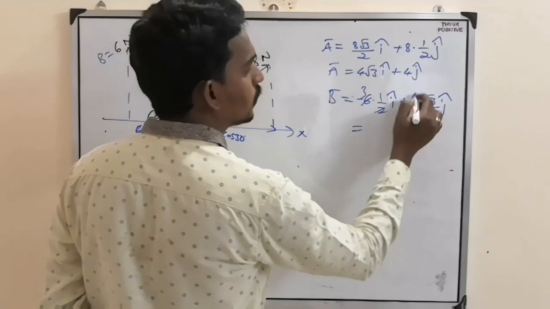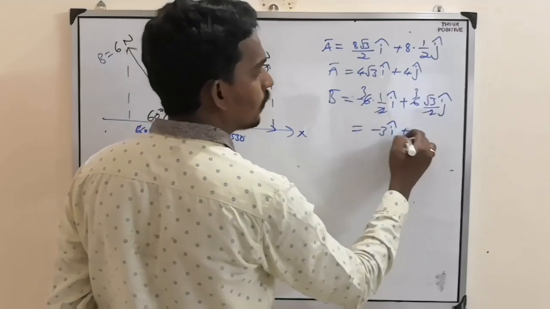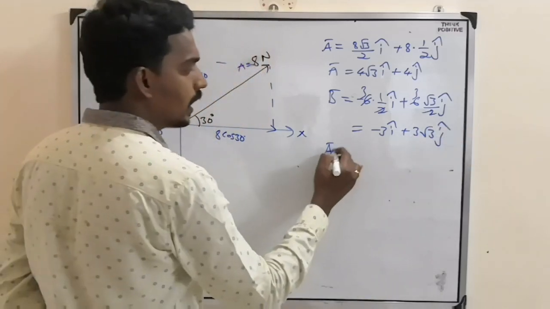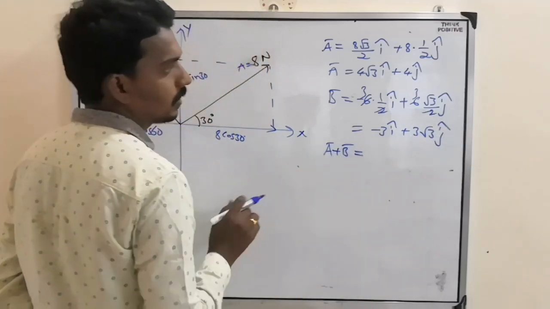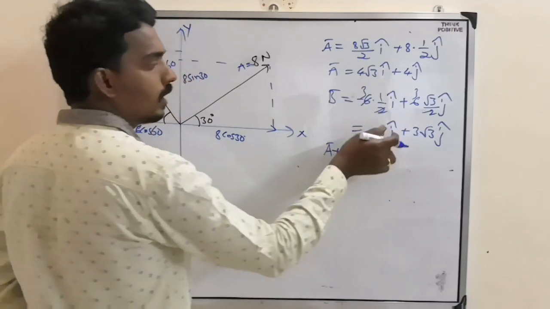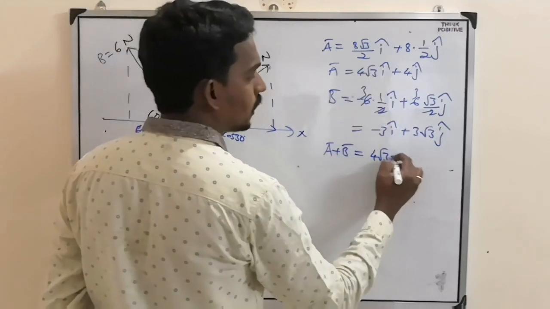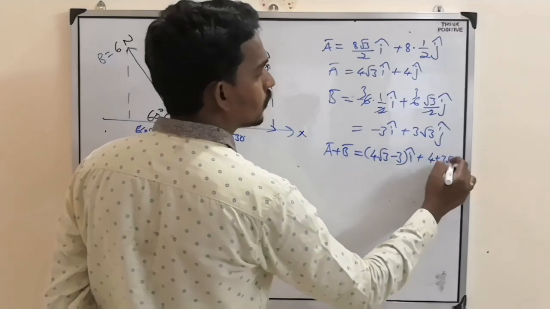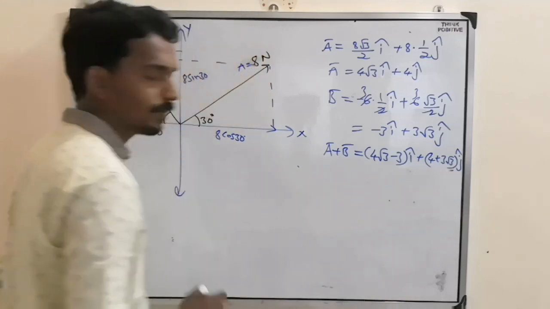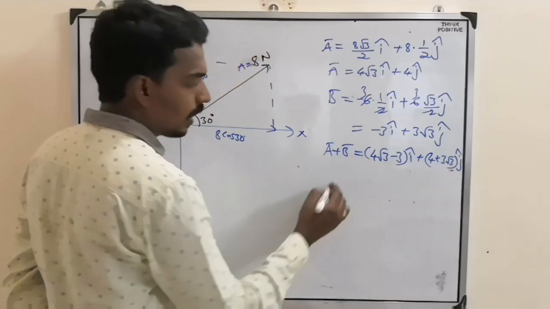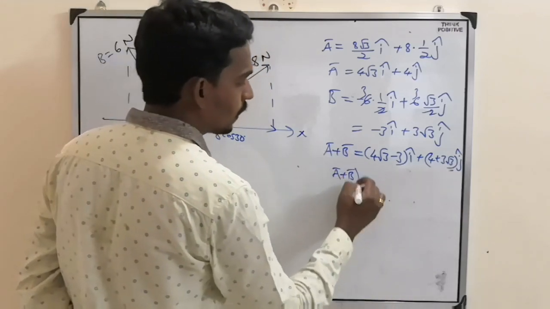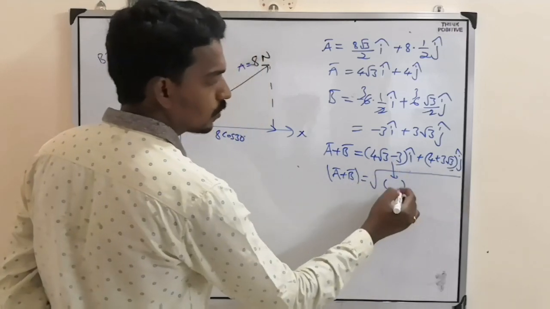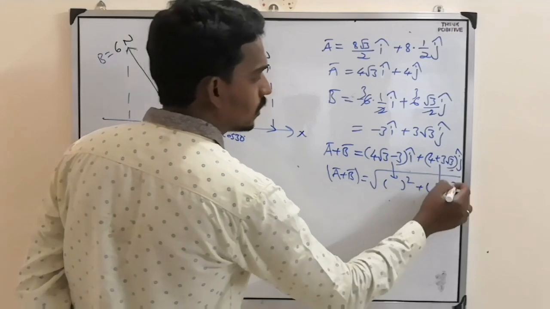So minus 3 i cap plus 3 root 3 j cap. Then A bar plus B bar, if you take, you will add i to i: 4 root 3 minus 3 i cap plus 4 plus 3 root 3 j cap. Then you will find the magnitude of A bar plus B bar as under root this square plus this square.